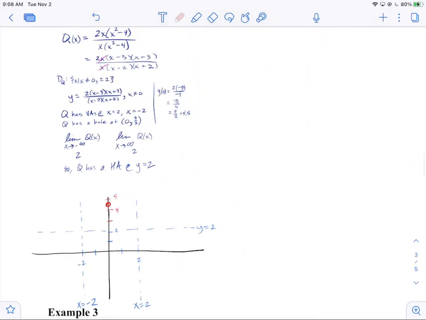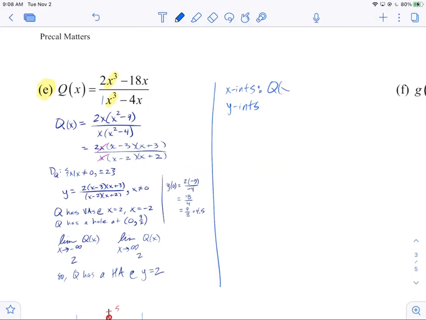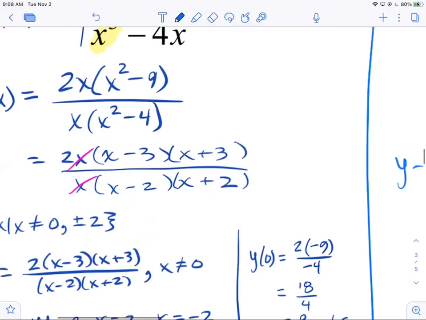All right. At this point, then, we can start looking for x and y intercepts. Let's see if we can do that. X intercepts, y intercepts. Remember how we find x intercepts? We show that we're setting the whole thing equal to 0. And that's going to equal 0 when the numerator is 0. But remember, we can't use q of x factored with everything there, because there's 3 values that originally make the numerator 0, right? 3, -3, and 0.